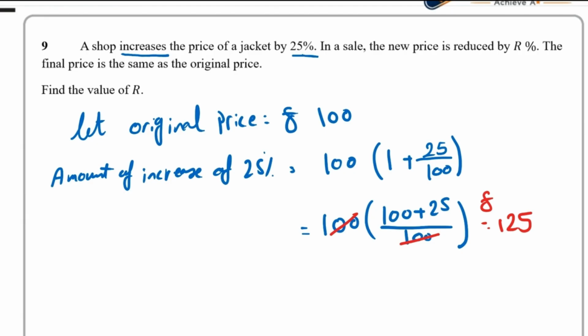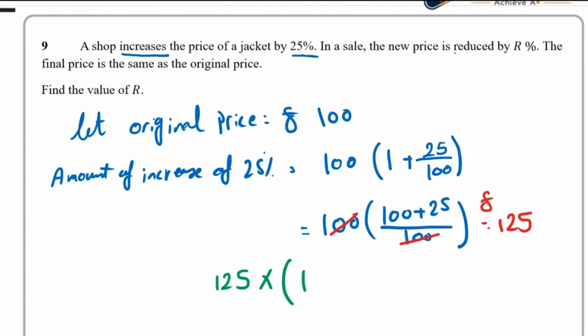And if we look at the question again here, in that sale, the new price is reduced by R%. So the new price here, this one, is reduced by R% and it's asking about the value of R. So let's use this new price, which is 125, times the multiplier here, 1. Is it take away or added? It's take away.